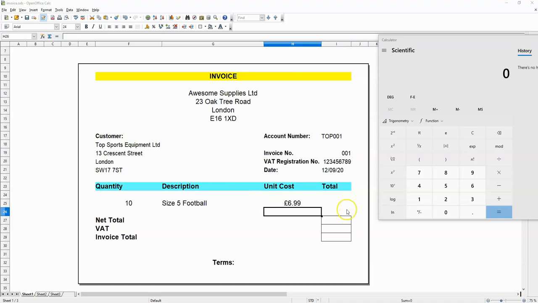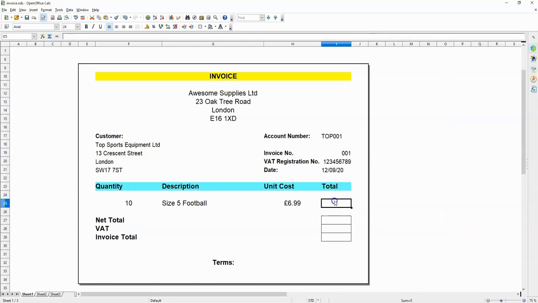If that is the case, the net total of what you're selling is going to be £6.99 multiplied by 10, and that gives us £69.90. So £69.90 is going to go over here. Okay, so far so good. Now let's put this value over here into the net total box down here.